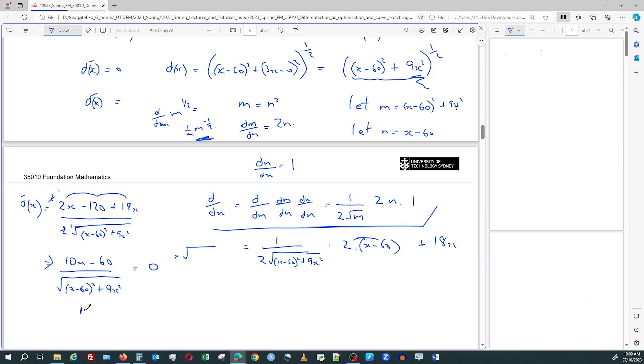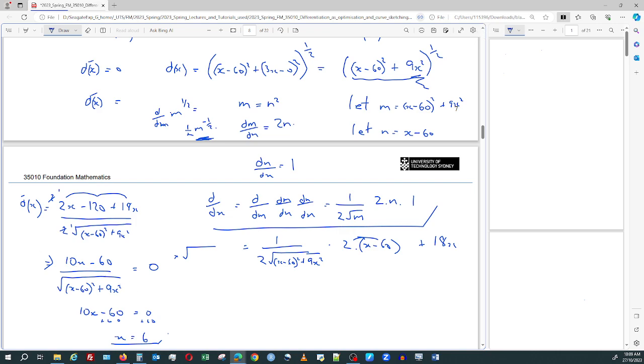So we'll get 10x. So in the end, it's not as complicated as it first felt. Okay, and adding 60 to both sides, dividing by 10, x is equal to 6. So after all of that, a minimum occurs at x equals 6.